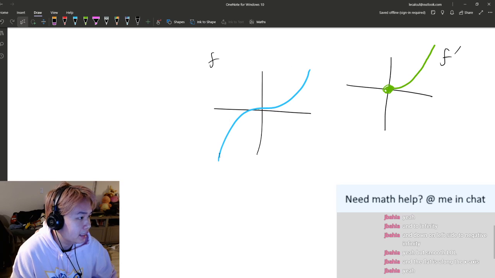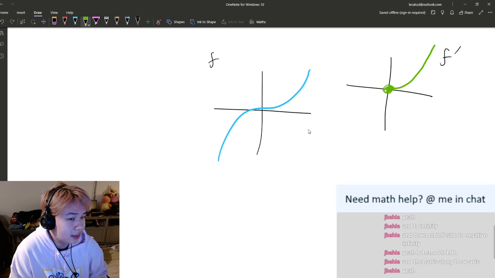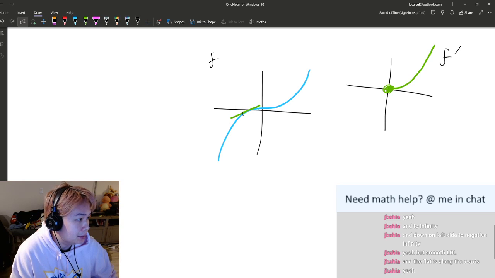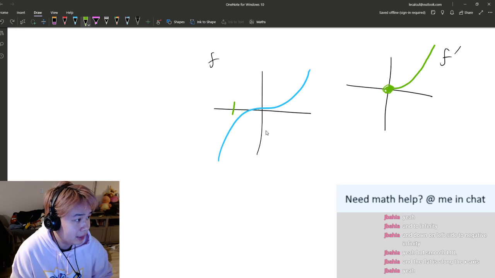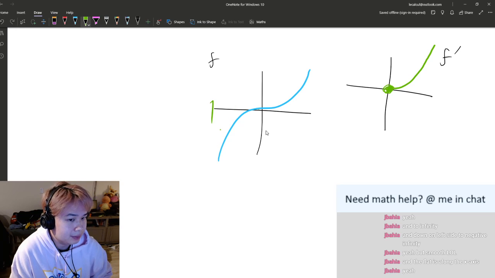And then look at this side over here. When I move a little bit away from the center, it's still positive slope. It's just very small. It's not very steep. And then as I move farther away from the center, my tangent slope is still positive, but it gets steeper and steeper. So on the left side, we also know that it's increasing.